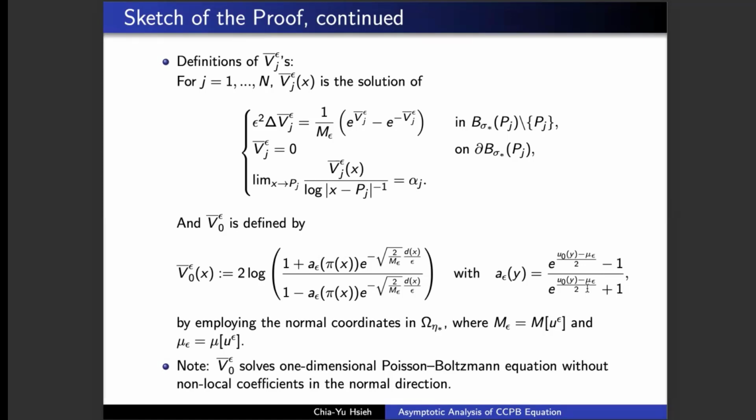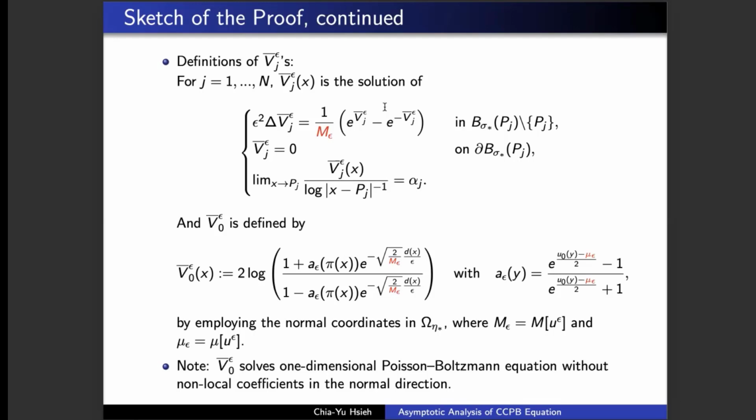That is, we already know that the solution has some rough behavior in the domain. But what we want is to get some exact description of the solution U in the domain. So we don't want the approximation to still have some unknown coefficient depending on epsilon, though it's bounded.